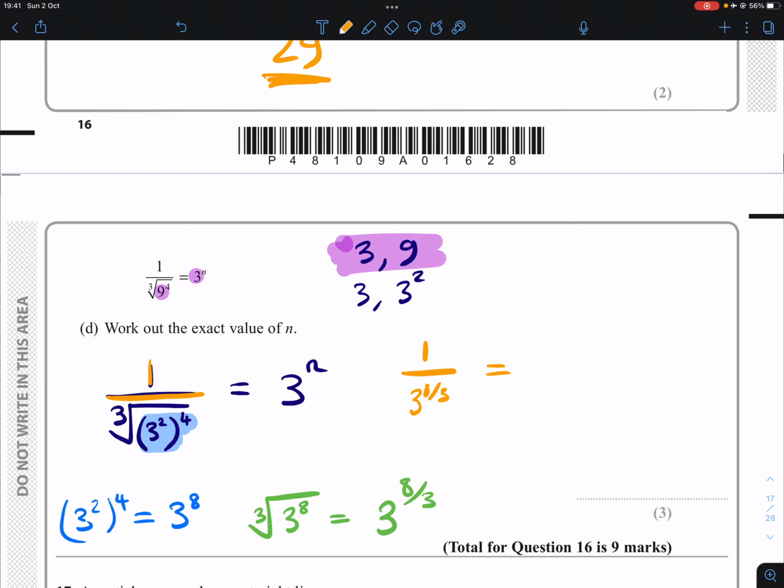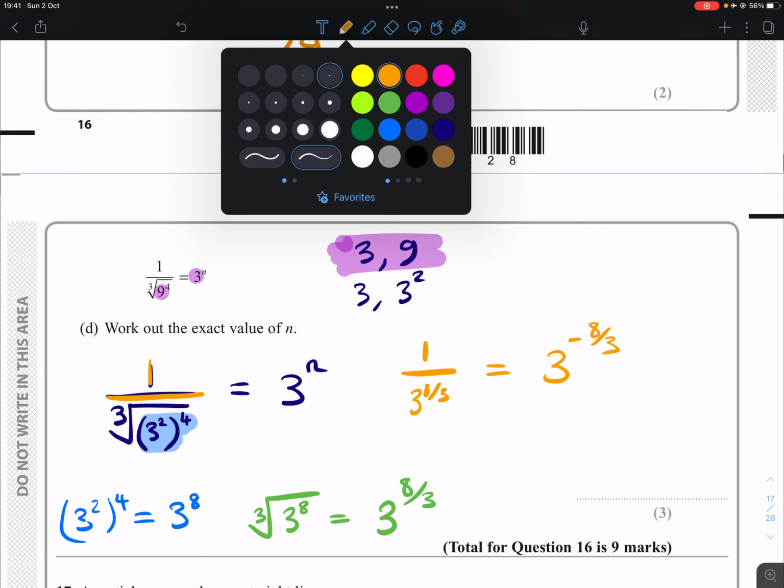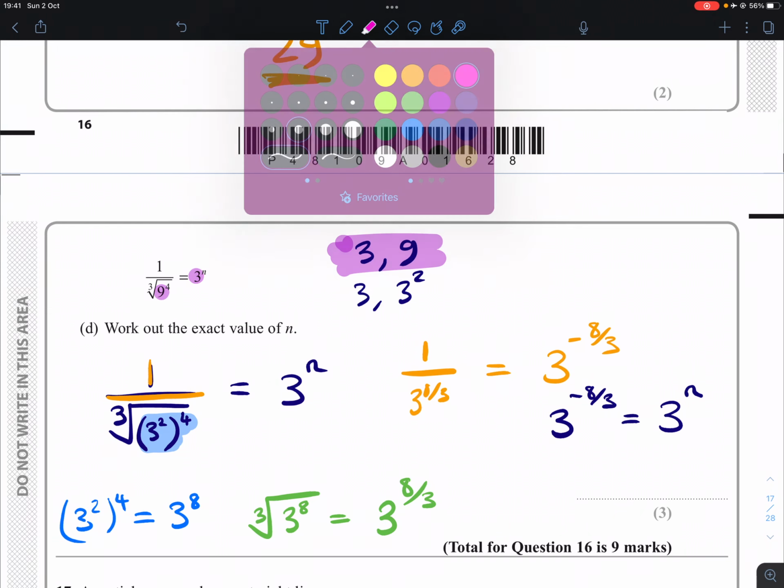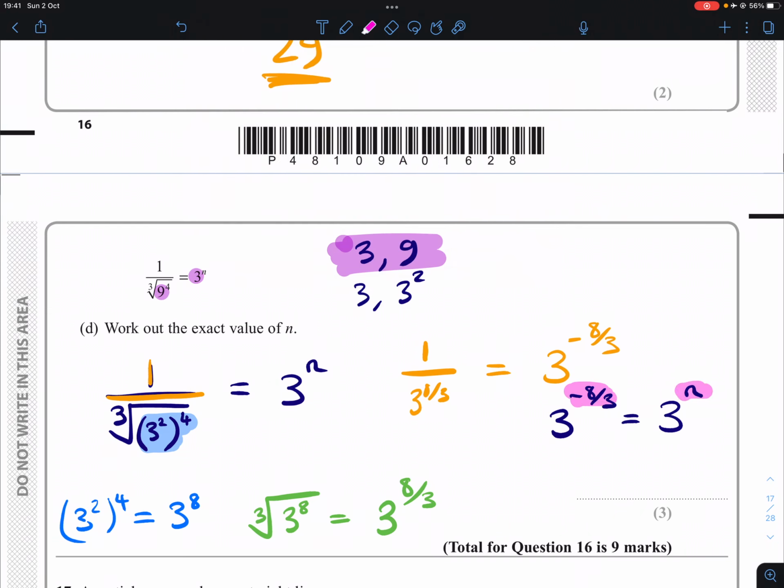So I turn this into a 3 to the power of negative 8/3, bringing this term up top to make it look like, and to make it in index form. I can do that as long as I make the power negative. And what we end up from that is 3 to the power of negative 8/3 is equal to 3 to the power of n. And the last step here is to make the powers equal to each other and answer the question, which in this case we already will have done, because negative 8/3 equals n, and the question's asking us for the value of n. Done.